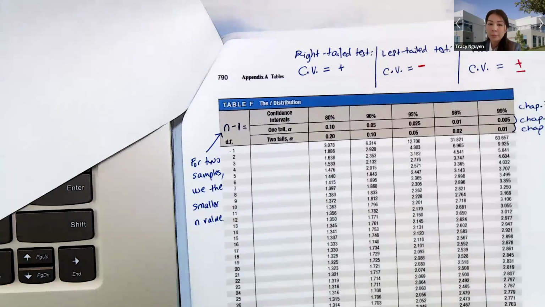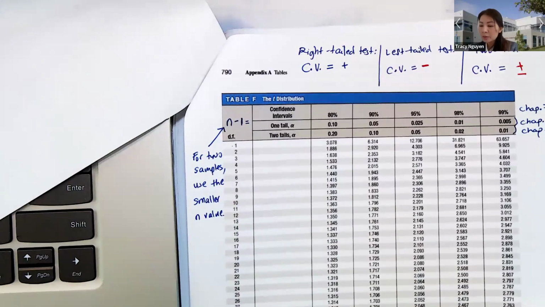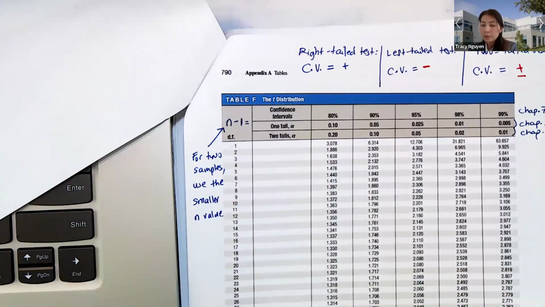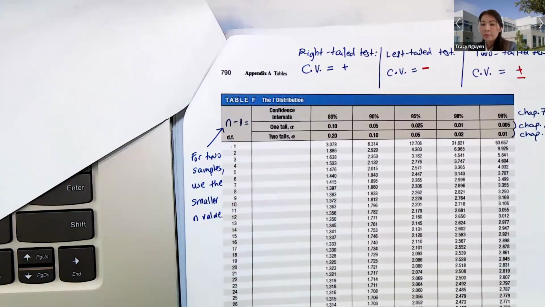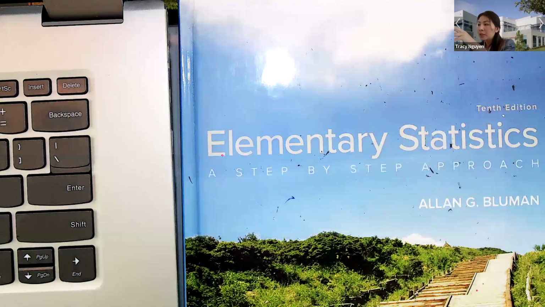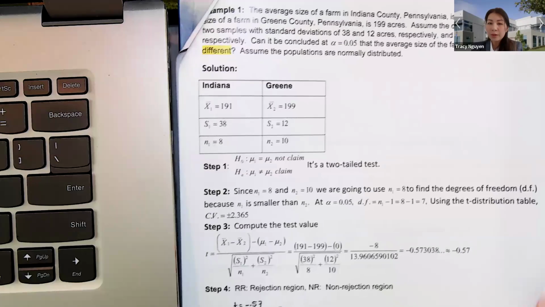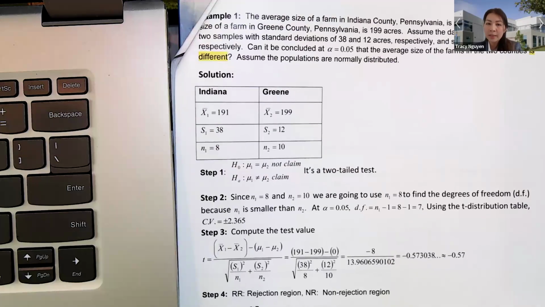All right, so now we have this table. We're going to come back to this table to find the critical value. And remember what we said in chapter 8, for the z-test, we do both the traditional as well as the p-value method. But for the t-test, we only focus on the traditional method.